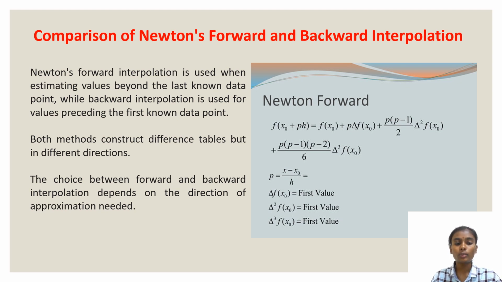Forward interpolation is used when estimating values beyond the last known data points, while backward interpolation is used for values preceding the first known data point. Both methods construct difference tables but in different directions. The choice between forward and backward interpolation depends on the direction of approximation needed.